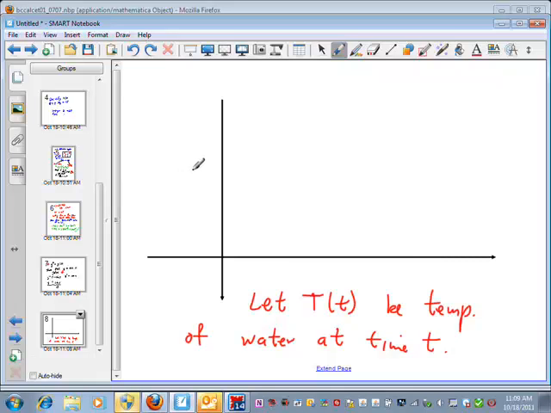Let's go ahead and say it's 70 degrees, a nice round number. 70 degrees in the room. The temperature of the water starts off at 22 degrees.